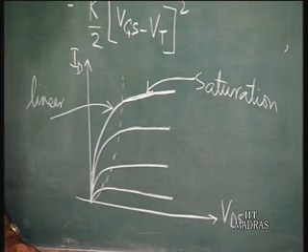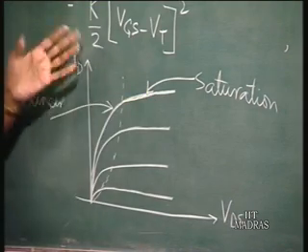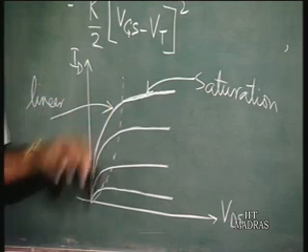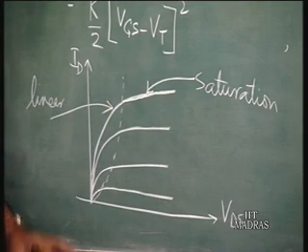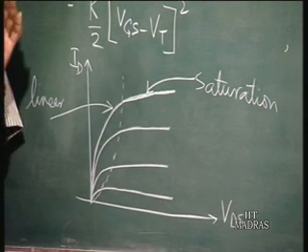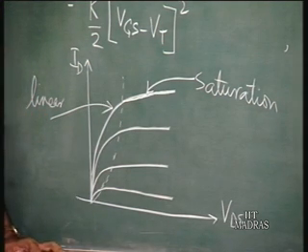There is one more thing: in the saturation region the current is not exactly constant. There is a slight increase in the current, which is due to channel length modulation, that is, the effective channel length is reduced because of the penetration of the drain depletion layer.